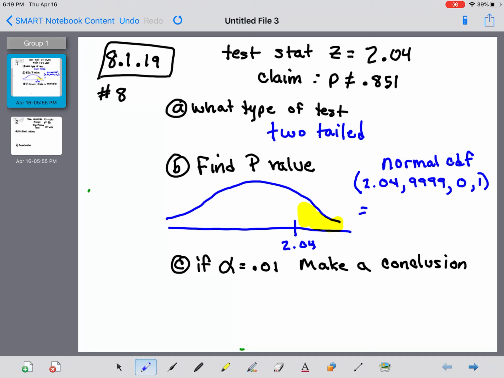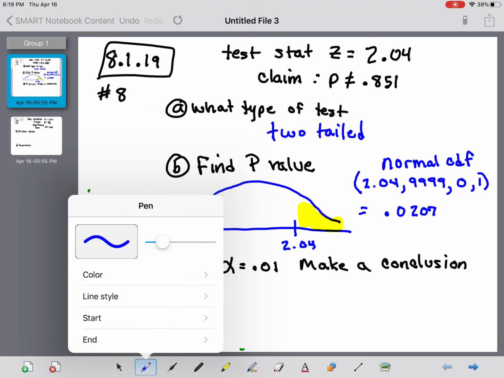Second distribution, normal CDF. The lower limit is 2.04, the upper limit is 99999, the mean is 0 and the standard deviation is 1. And we get 0.0207.